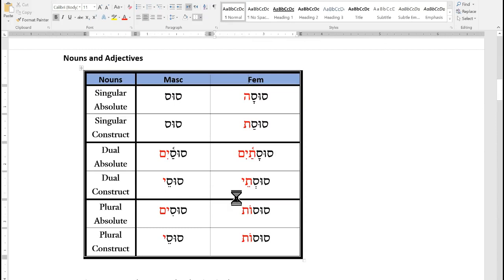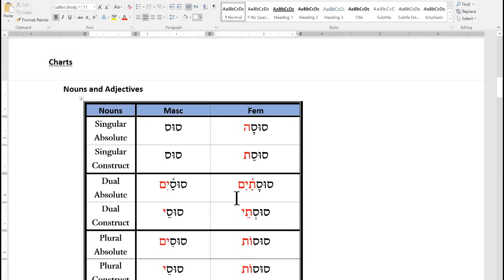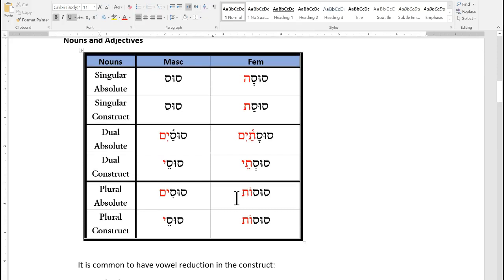Now, this is adding to the chart that we know, the horse chart we call it, so male horse, female horse. But what we've added are the construct state. Now, sometimes the construct state will have no change. That's fairly unusual. There are a handful of nouns that don't change at all. Usually it's common to have some kind of vowel reduction. We'll show that down here.